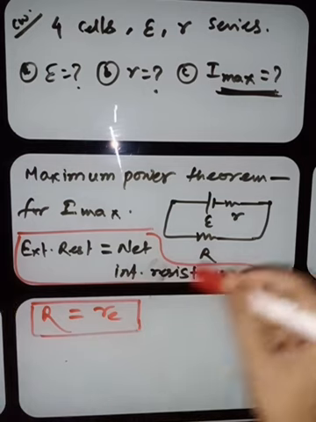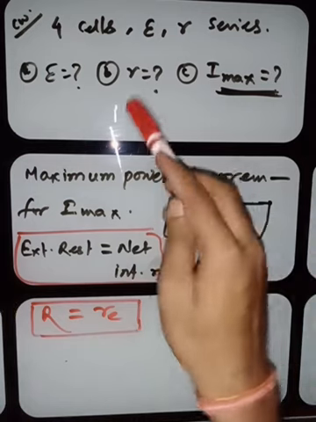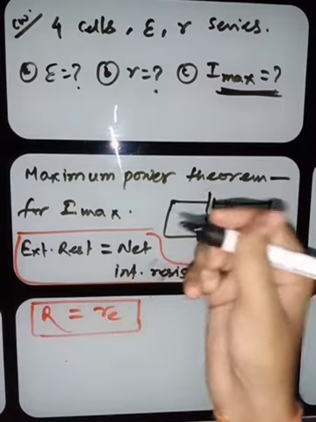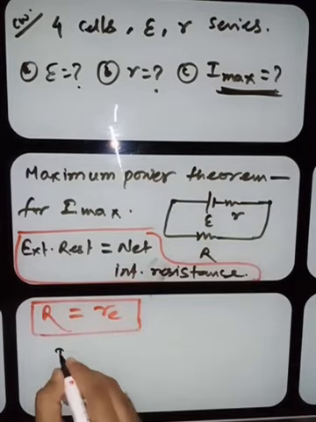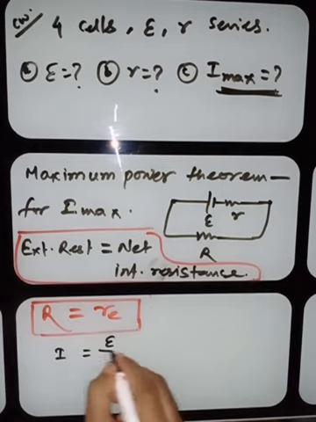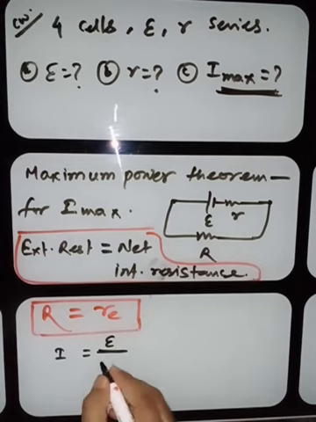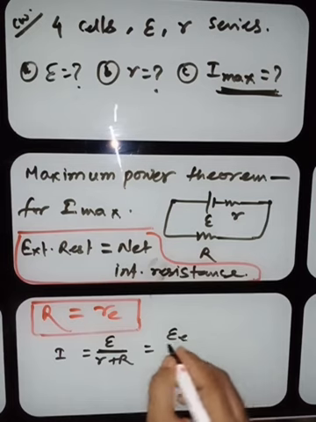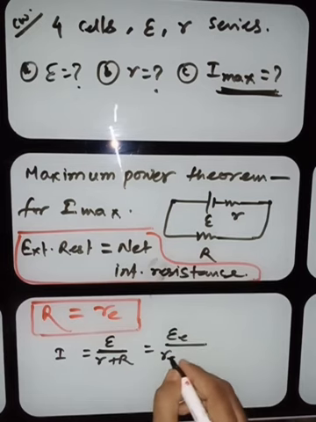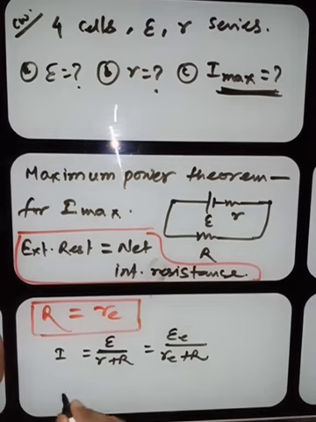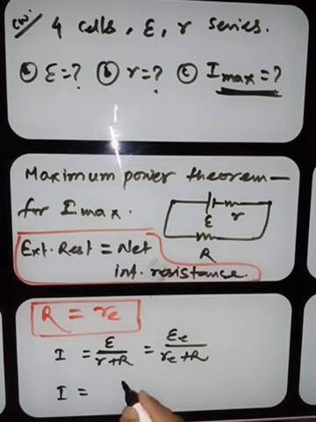Here only one resistor is connected in the question. What will be the current? So the I maximum, I is E by R. Okay, E by R plus r, that is E equivalent by R equivalent plus R. Now I is equal to E equivalent.